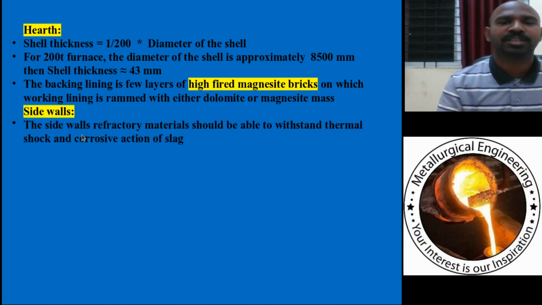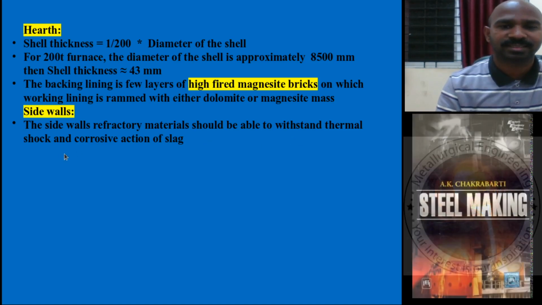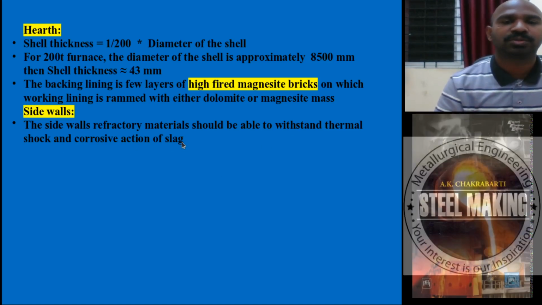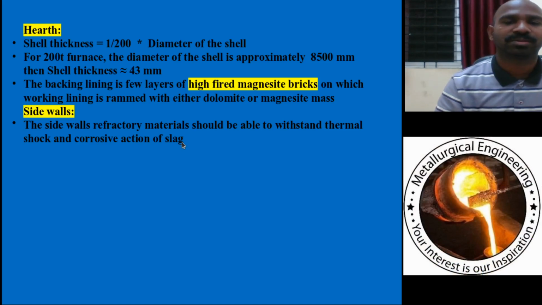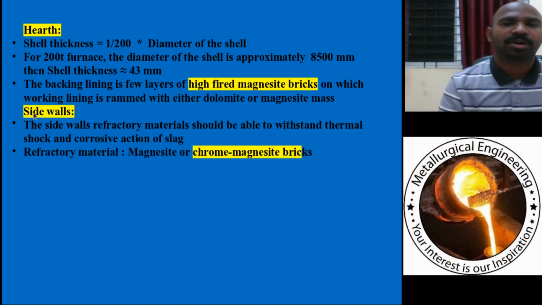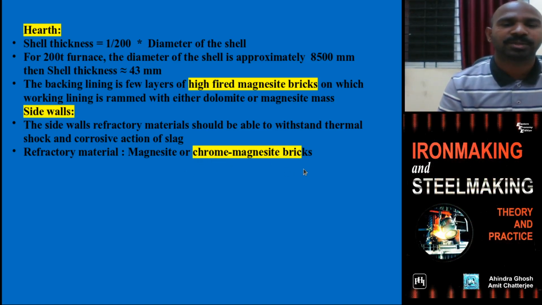Side walls: the side wall refractory material should withstand thermal shock, sudden rise in temperature, sudden fall in temperature, and corrosion action of the slag. There will be acidic slag formation, basic slag. It should be able to protect against that. The refractory materials for constructing the side walls in practice are chrome magnesite bricks. Typically these are used.